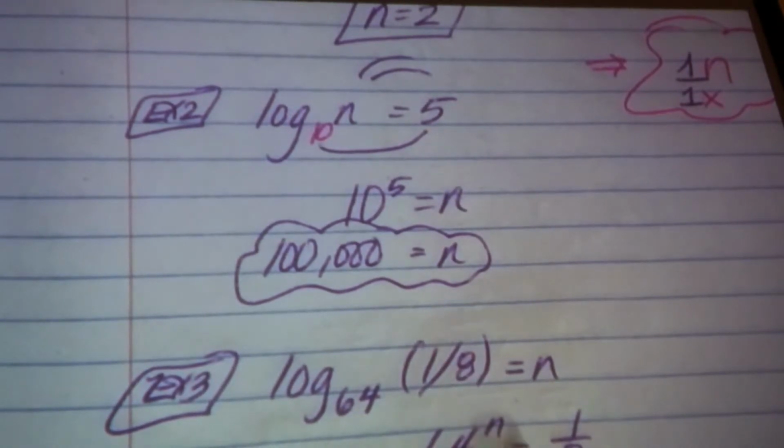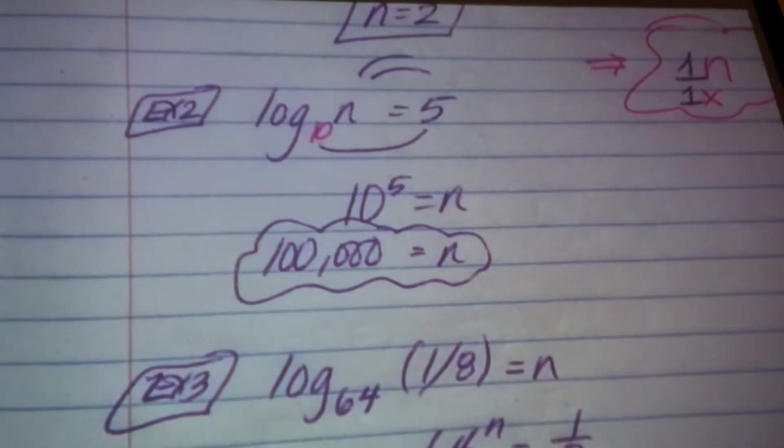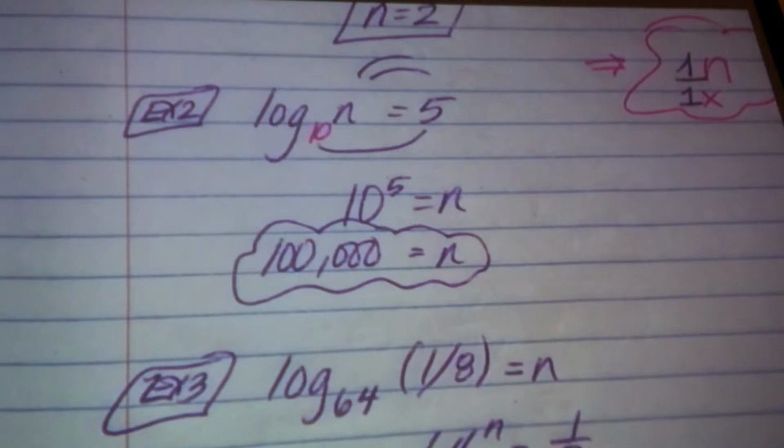So that means what's going to happen up here? Okay, you should have gotten negative 1/2.